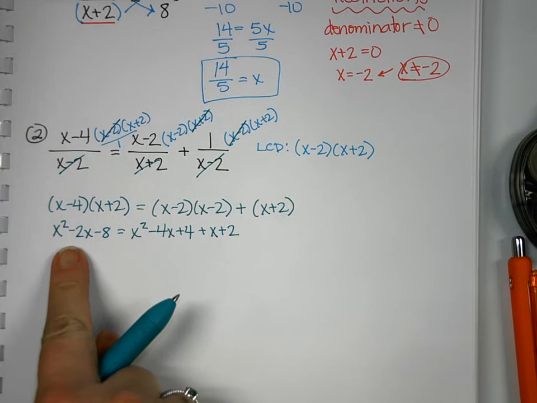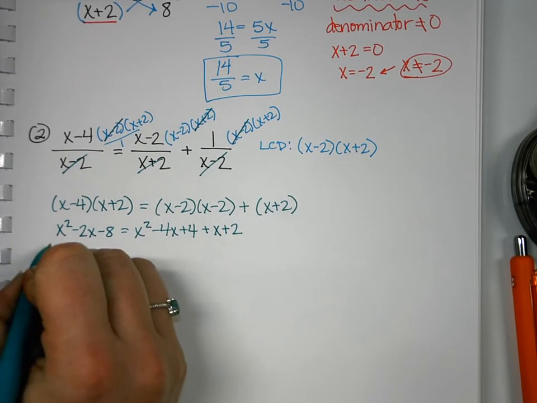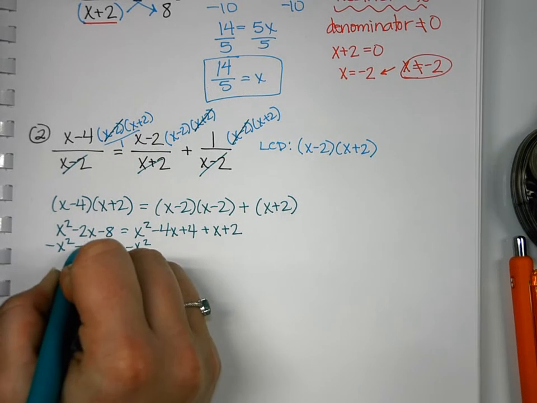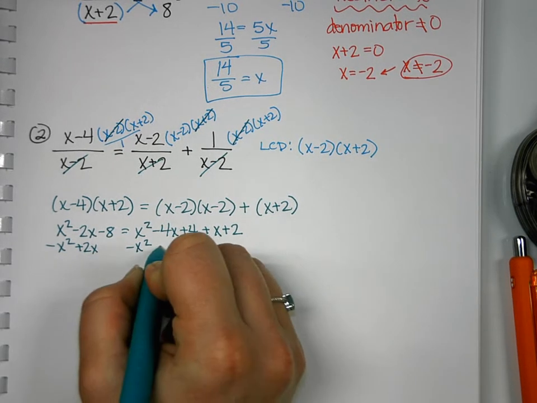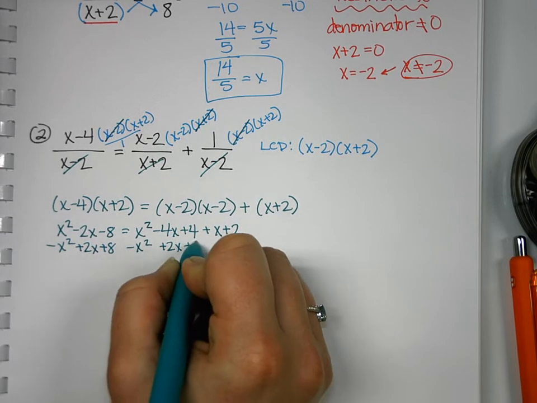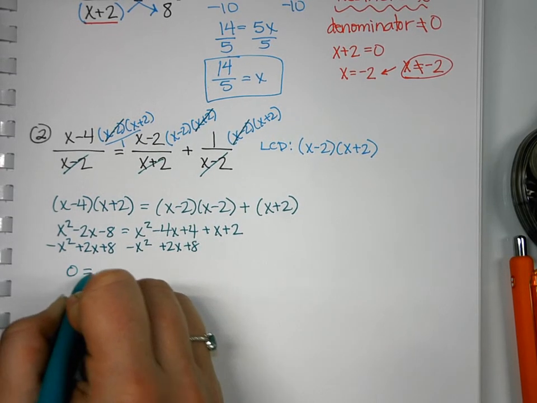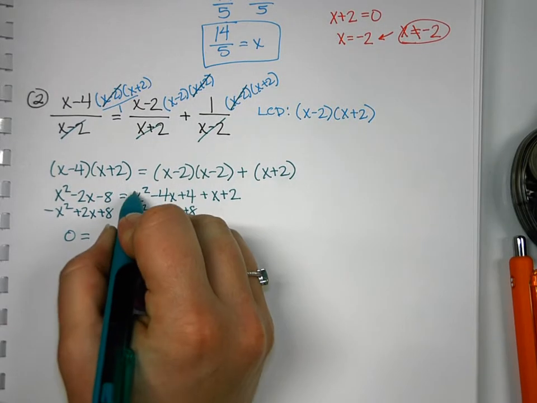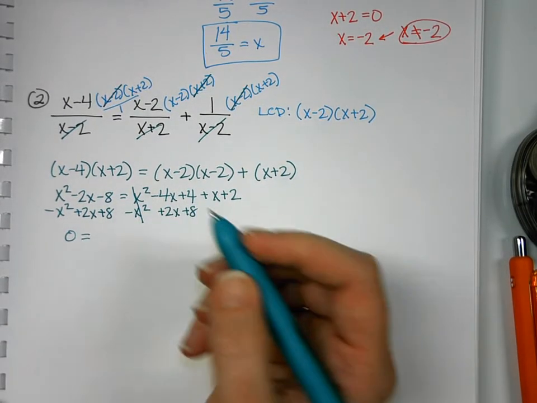So I'm going to move everything from the left over to the right. So minus x squared, plus 2x, and plus 8, giving me a 0 on the left-hand side. So when I combine like terms, those cancel out.